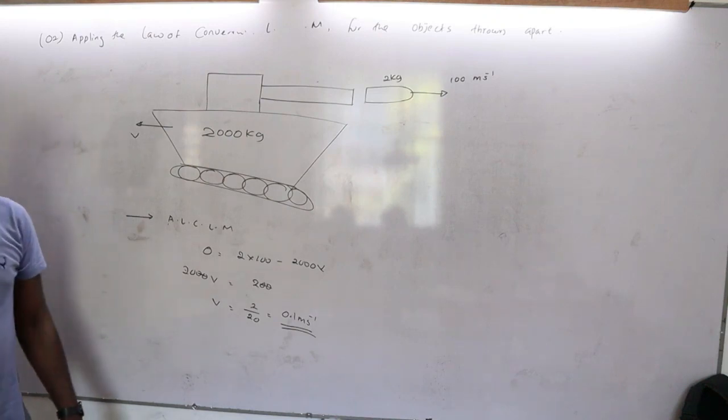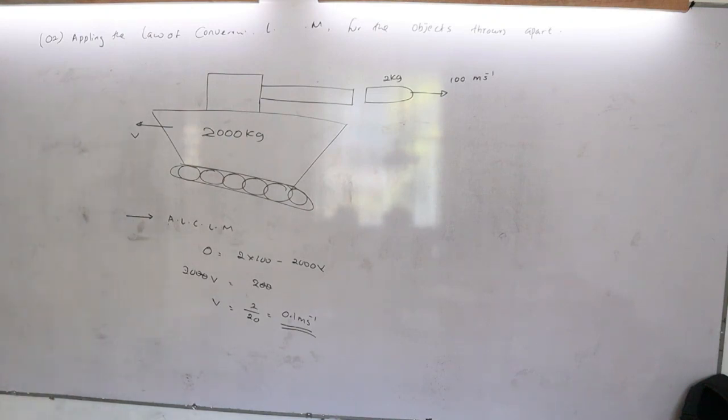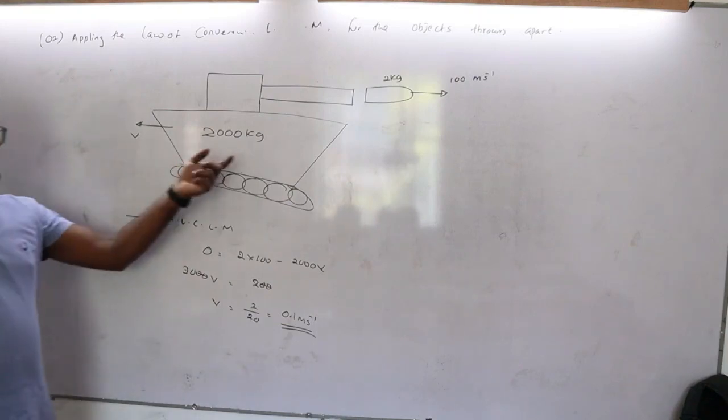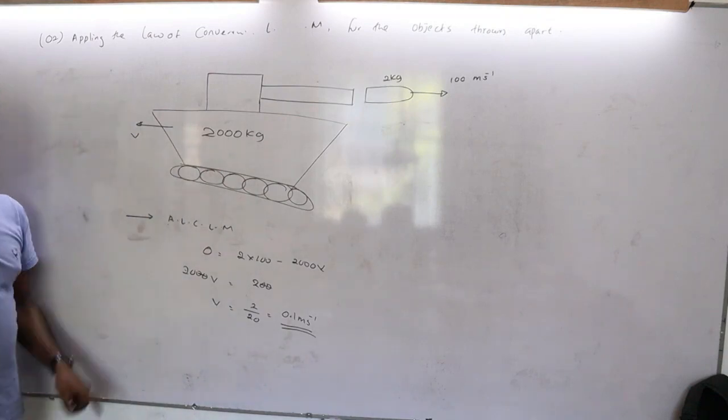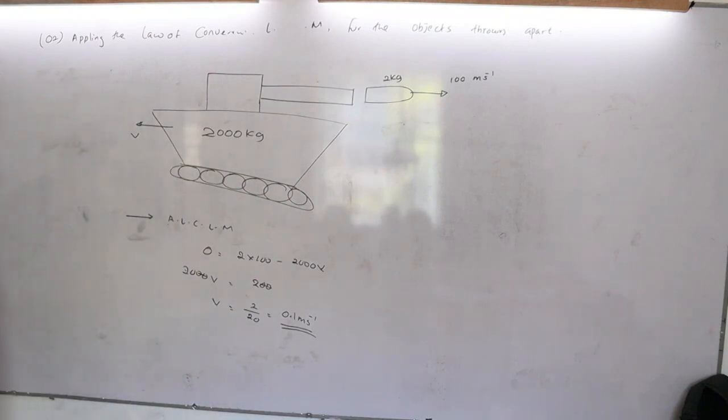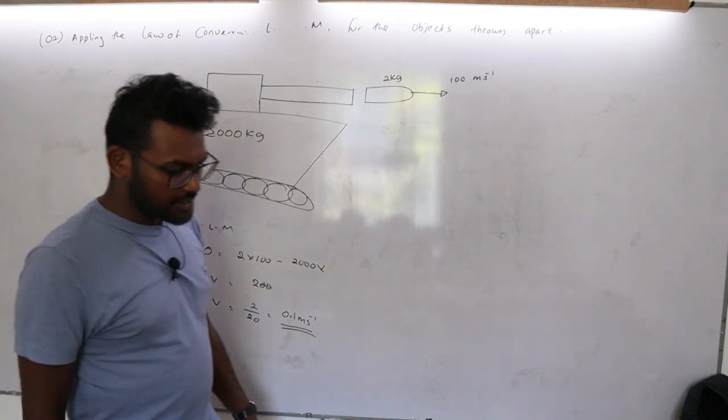Why? Is it? Yes. You can either put MV equals MU, so this into this should equal this into this. You put the mass of the tank to be 200. Yes. Okay, great.